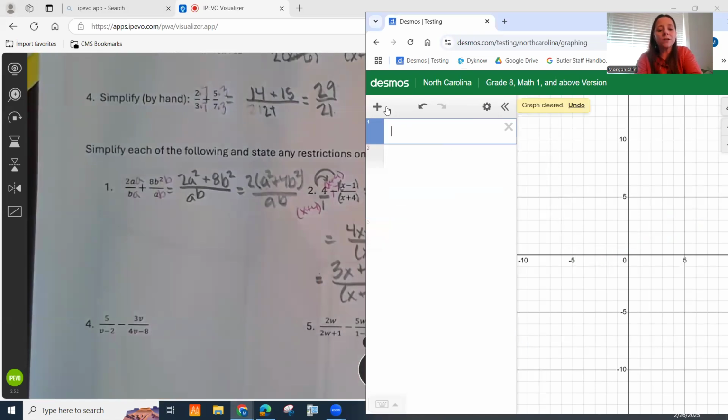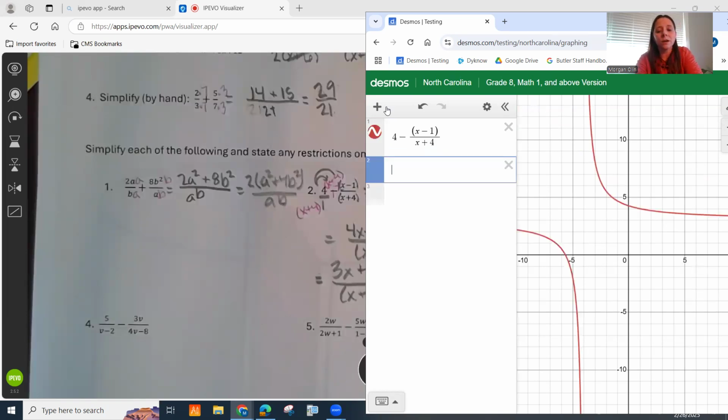All right, my original was 4 minus x minus 1 divided by, what was it, x plus 4? Okay, and I came up with 3x plus 17 divided by x plus 4. All right, and it is the same graph, so I must have done this correctly.